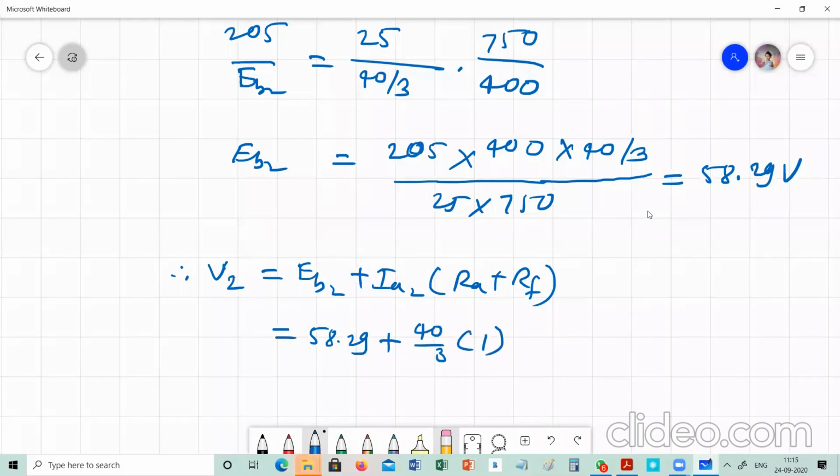It will be equal to 71.63 volt. So they asked us to calculate terminal voltage and armature current, which we have calculated.